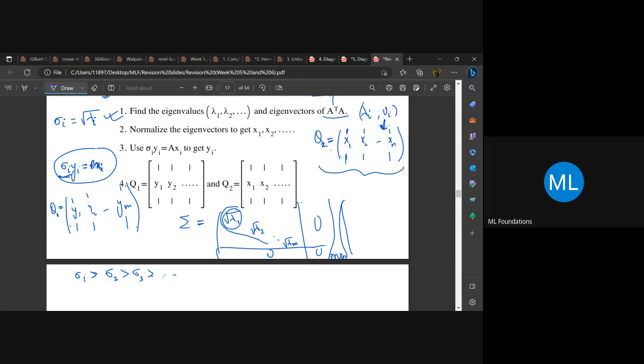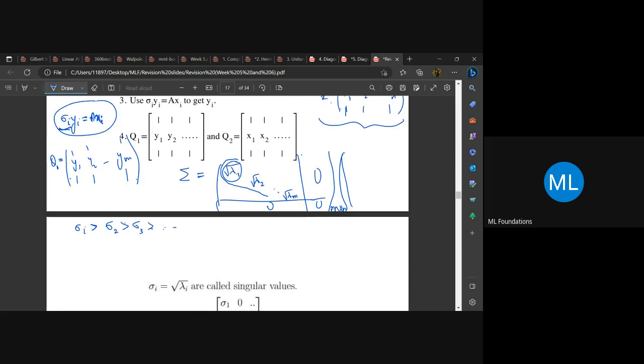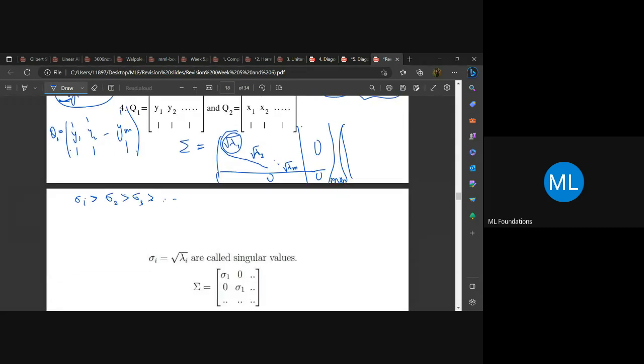So these are the steps that we follow to find the SVD of a matrix. One thing here, I have told it before also.